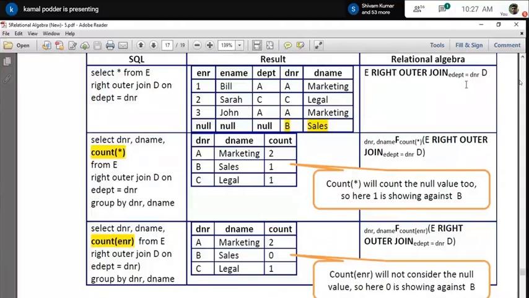In that case, we have to write right outer join D. Mind it, if you use D on the left side and E on the right side, naturally you have to write left outer join, because I want to pick up all the records from D. So there is no hard and fast rule about which one goes on the left or right side; accordingly you only change the type of join. There are two types, right and left. Here, as D is the right side of my join, I am writing right outer join.